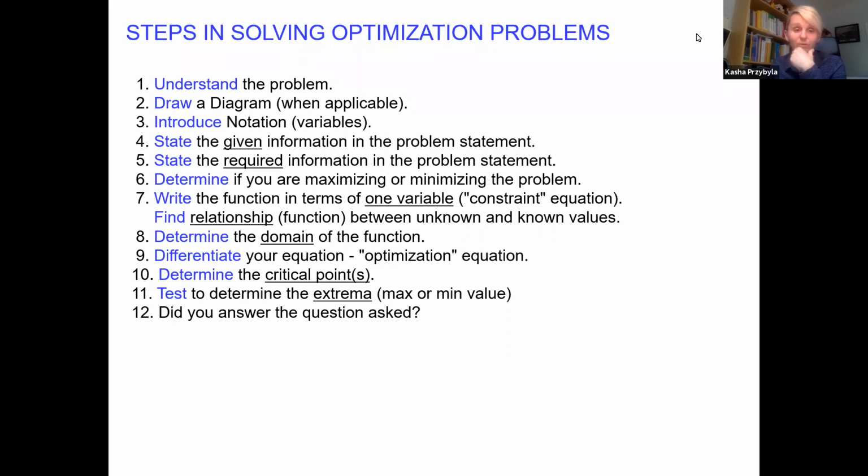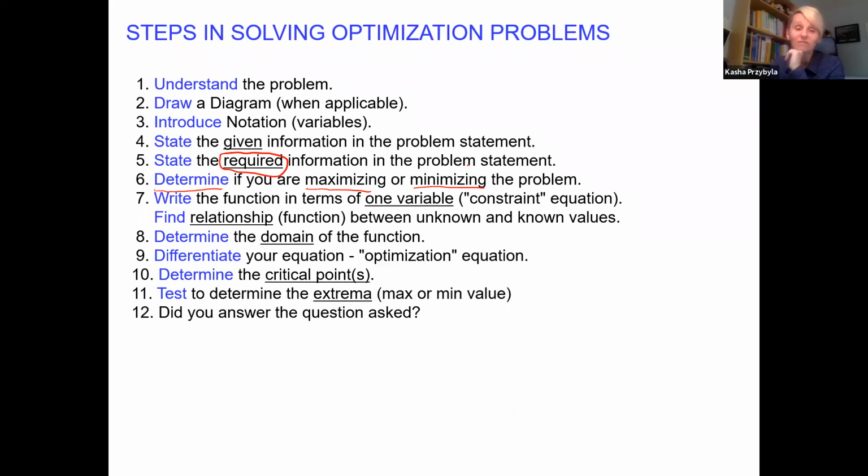In this case, it is an optimization problem, so we have to maximize or minimize. We have to determine if we are maximizing or minimizing the problem. And not always will this be explicitly stated. That's when we always have to read not between the lines, but figure out if we're really maximizing or minimizing.